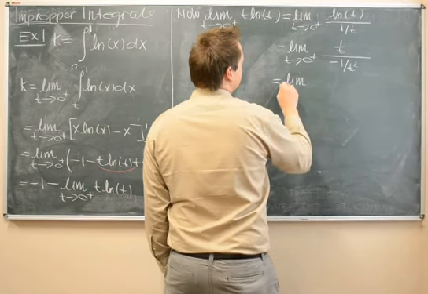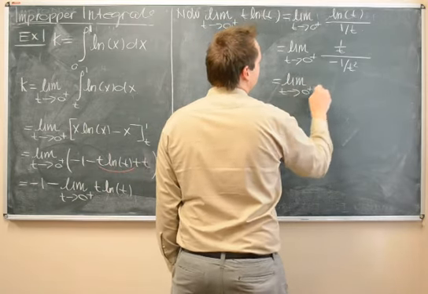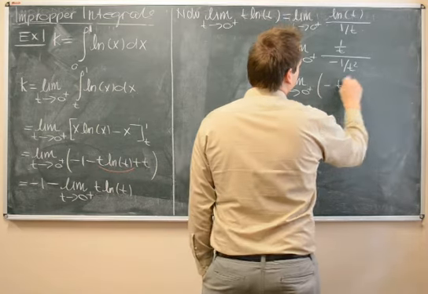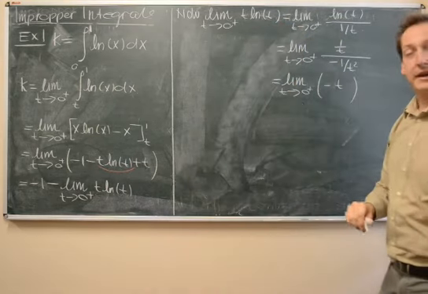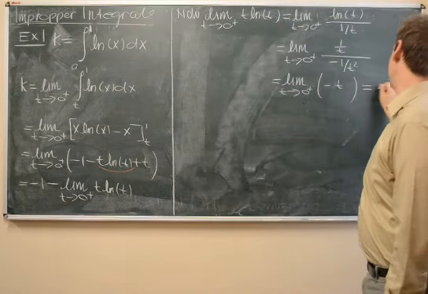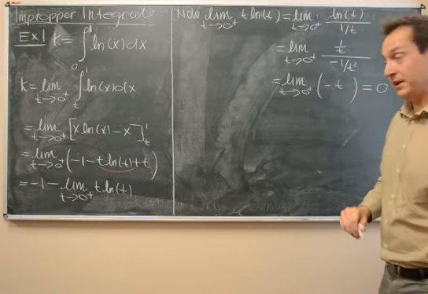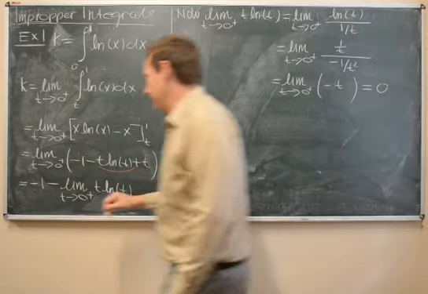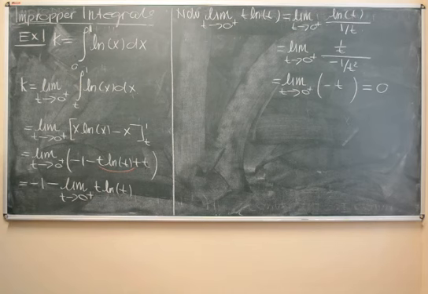Simplifying a little, you get the limit of minus t, which is of course 0. So what we've shown is that this term, t ln t, the one that gives us problems, goes to 0 as t goes to 0. And the whole thing will go to minus 1.